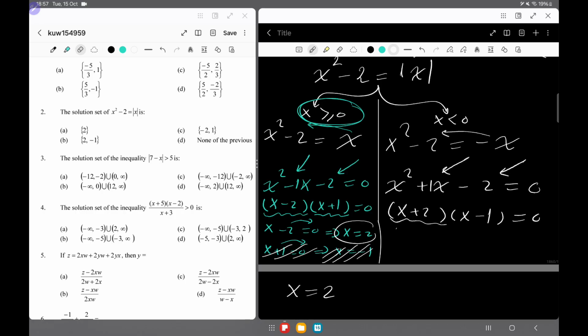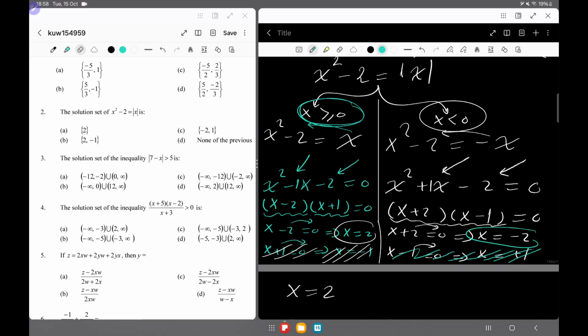Maybe the first equals 0, x plus 2 equals 0, so x equals negative 2, or the next equals 0, x minus 1 equals 0, so x equals plus 1. But the condition is that it has to be negative, we don't accept positive, so this is rejected. This is the only solution: x equals negative 2.